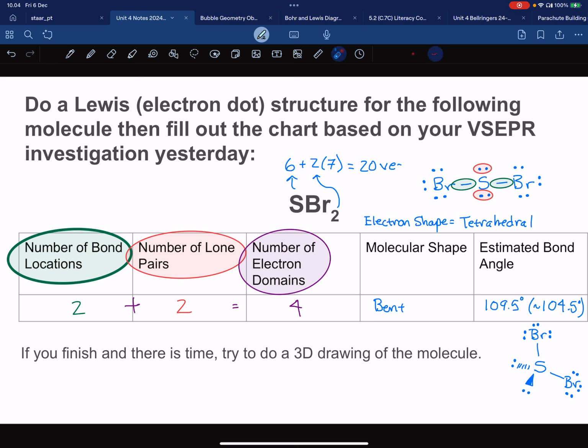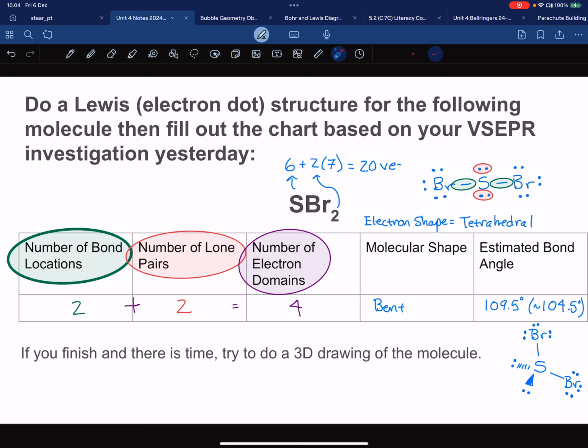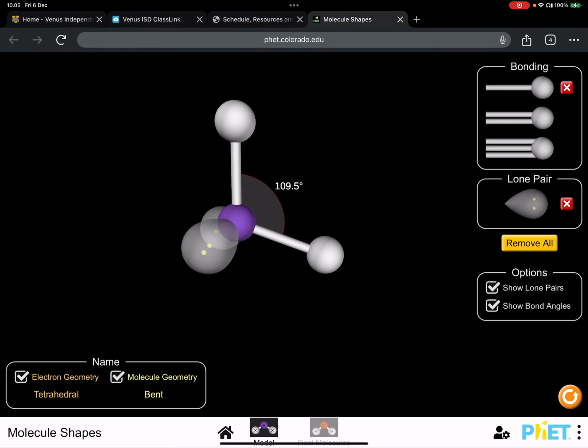So here we go. That bromine is right there. This bromine is right there. One of the lone pairs is the one coming out at you, and the other lone pair is the one going away from you. And so it looks just exactly like that.